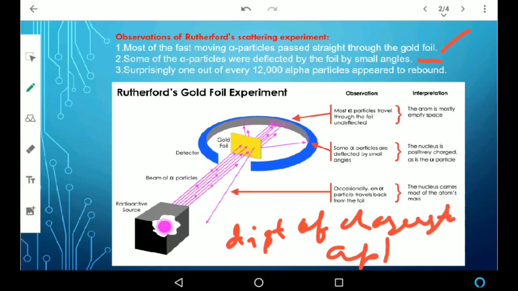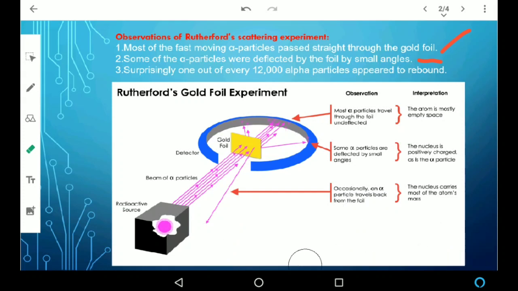Okay? Surprisingly, one out of every 12,000 to 20,000 alpha particles appeared to rebound at an angle of about 180 degrees. That means there is complete repulsion or complete rebound.